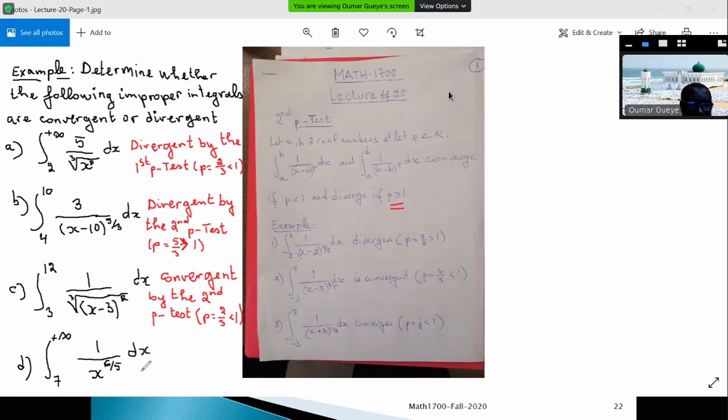And for the last one here, convergent. Convergent by the first p-test. Because of infinity, you have to use the first p-test, because we have the first type of improper integral.